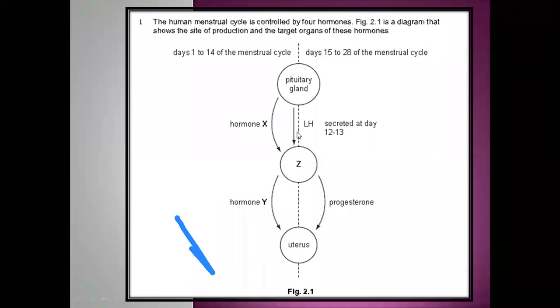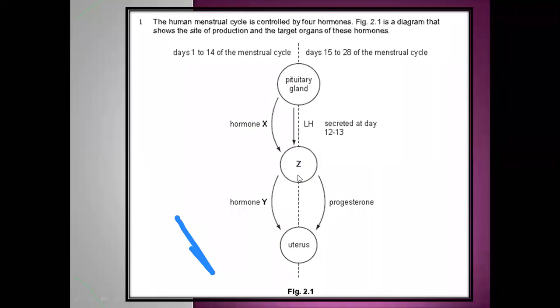Along with that, between day 13 and 14, especially day 14, this pituitary gland also secretes another hormone called what? Luteinizing hormone, and that is also stimulating organ Z. Later on, organ Z produces another hormone called progesterone.